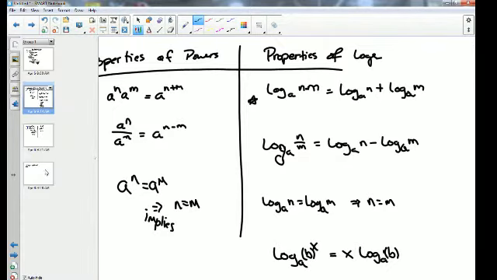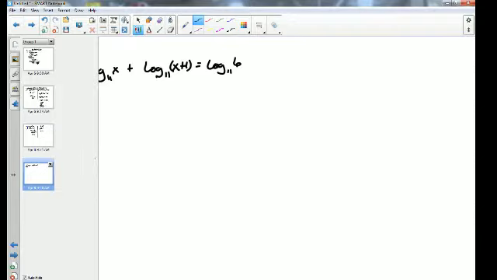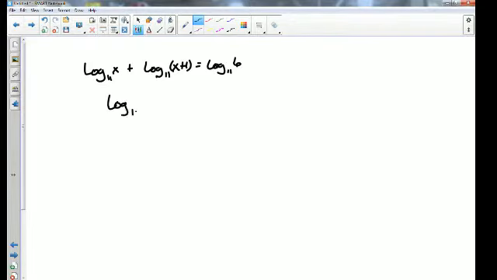So, log base 11 of x times x plus 1 equals log base 11 of 6. Oh, that's it. That's a +1. I thought that was X. Yeah, I like to put two variables in equations.